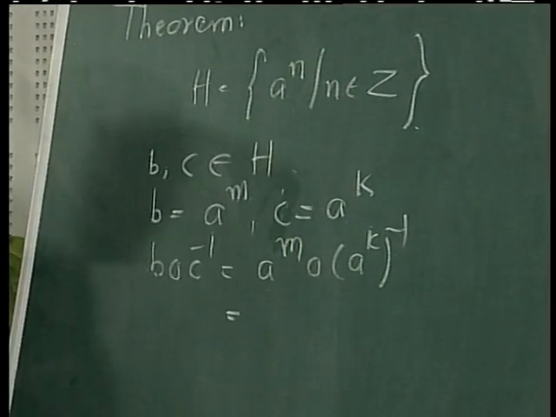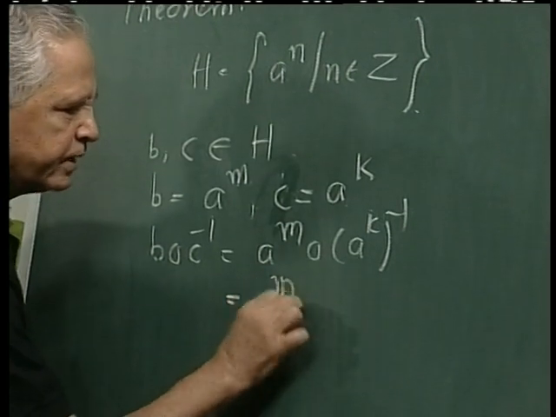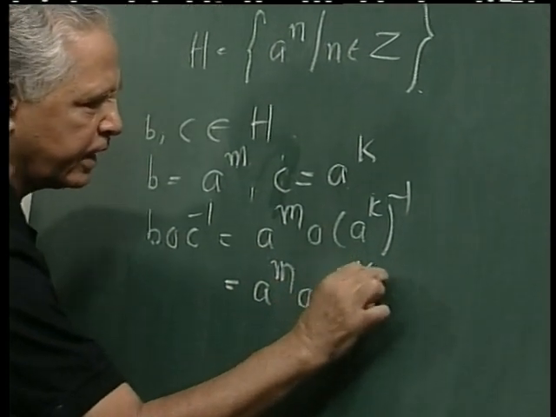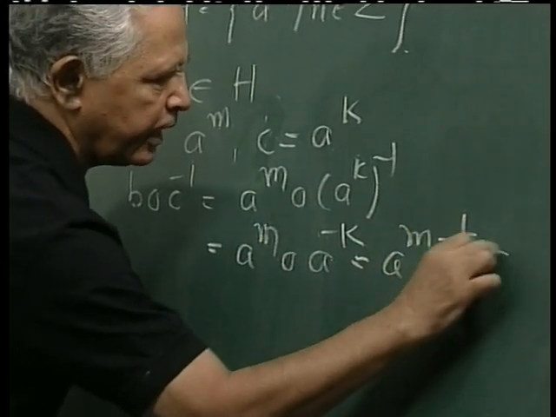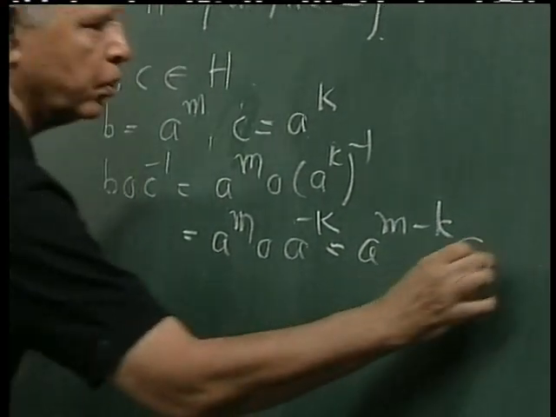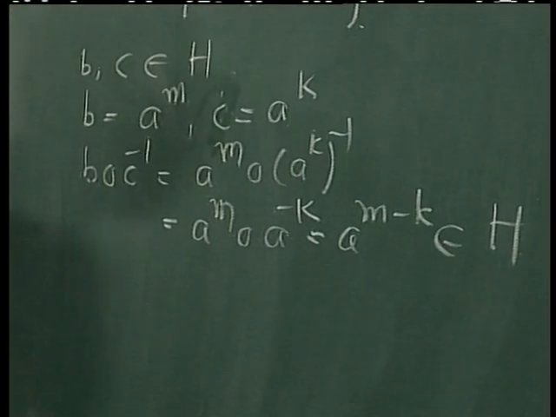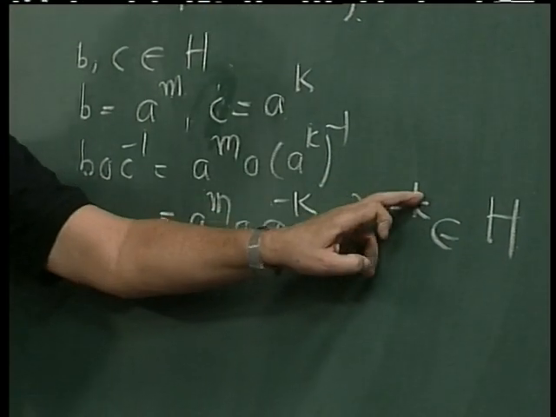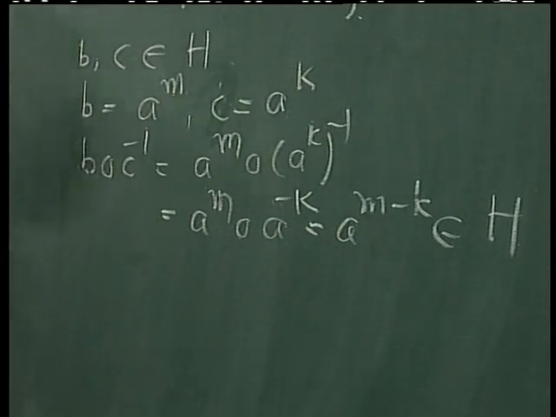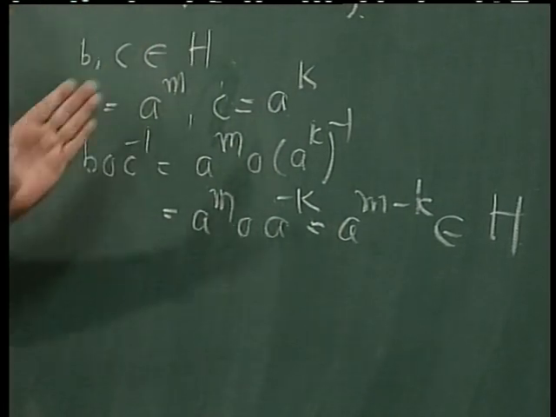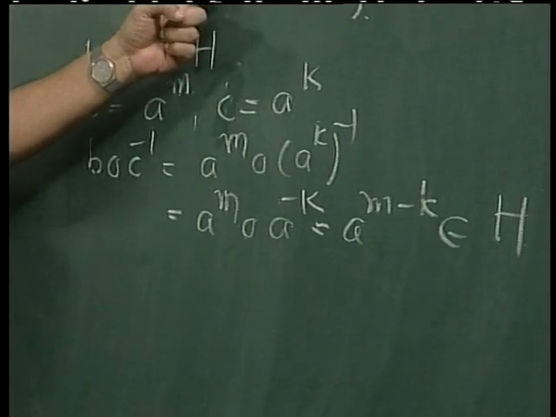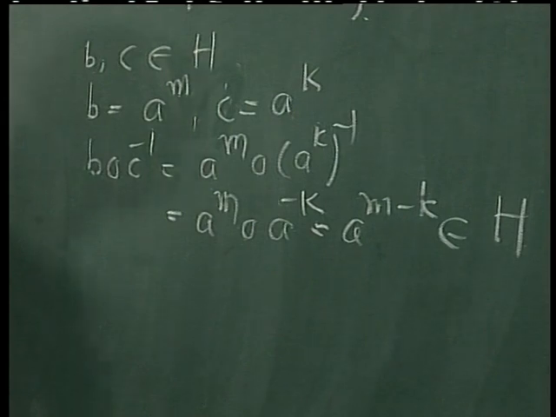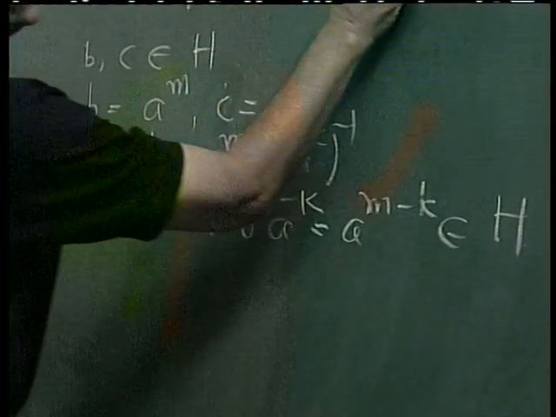Using the law of indices, we can write this as A raised to minus k, and that is equal to A raised to m minus k, and that again belongs to H, because m and k being integers, m minus k is also an integer, and so it belongs to H, and so by the first theorem it is a subgroup of G. This subgroup is called the cyclic subgroup of G generated by A, and we denote it by the notation angle A.